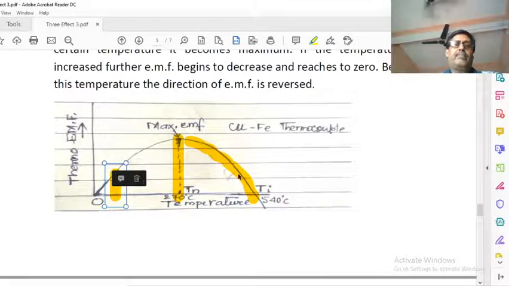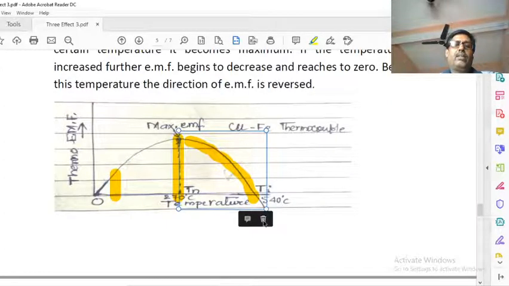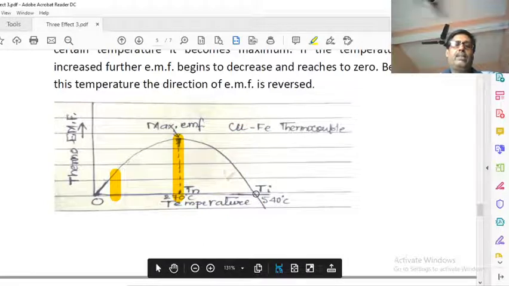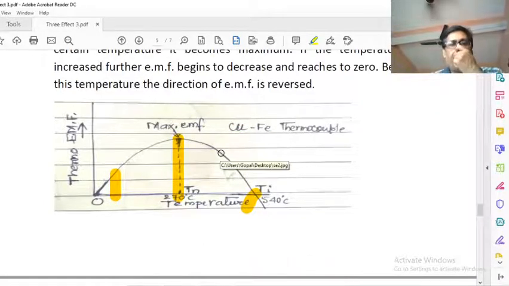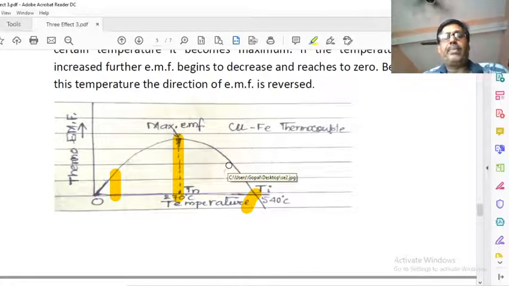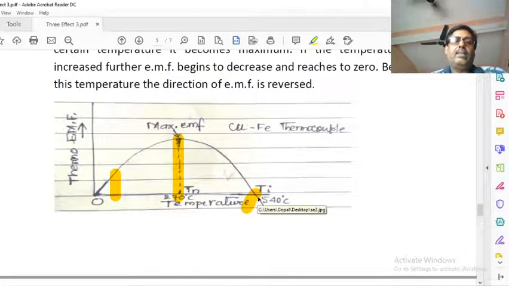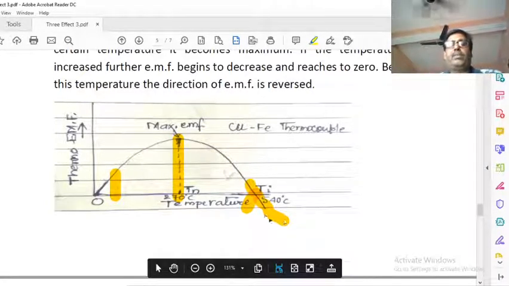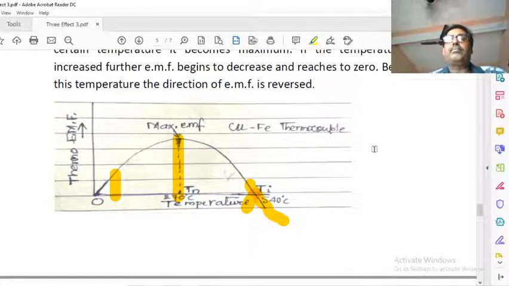You may see here, at this temperature, the EMF becomes 0. And if we give more heat further, then it reverses the direction.